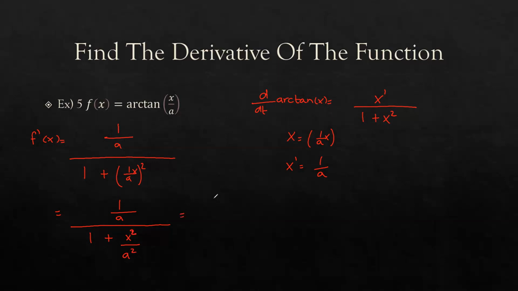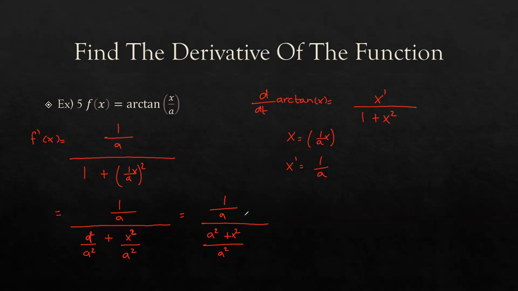Let's simplify the denominator: 1 plus x squared over a squared. To add fractions I need a common denominator, which would be a squared. So you can replace 1 with a squared over a squared. So this would be a squared plus x squared over a squared.